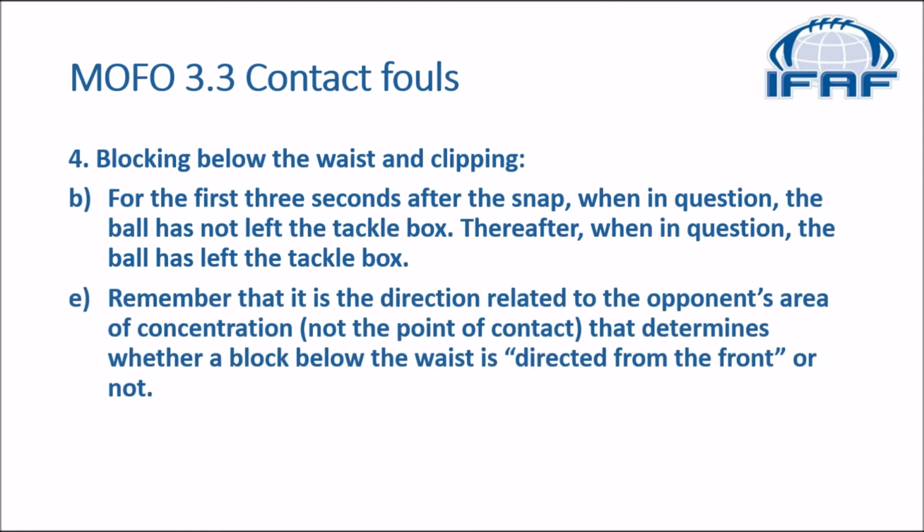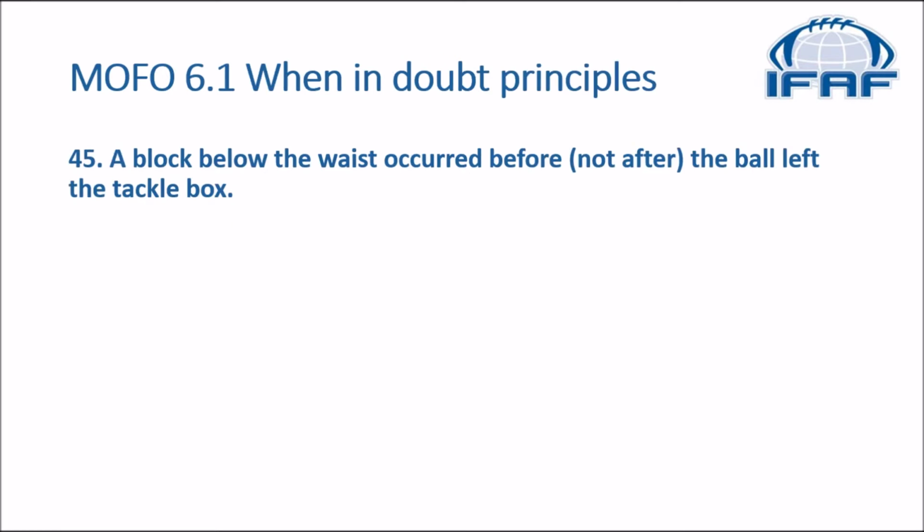And E goes on to say, remember that it is the direction related to the opponent's area of concentration, not the point of contact, that determines whether a block below the waist is directed from the front or not. And finally, when in doubt principles 4-5 says a block below the waist occurred before, not after, the ball left the tackle box. And that was the book.